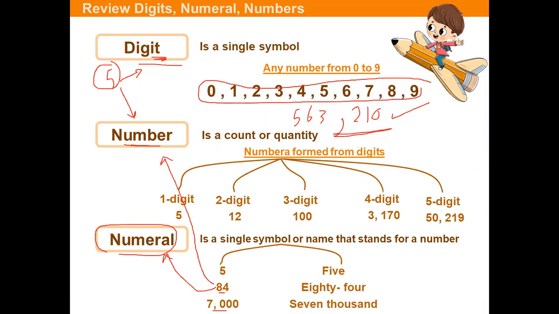Like when I write 5 in letters, it will be a numeral, just not a digit or a number because it's letters. If I say 84 in letters, it will be a numeral. What about 7,000 in letters? It's also only a numeral.